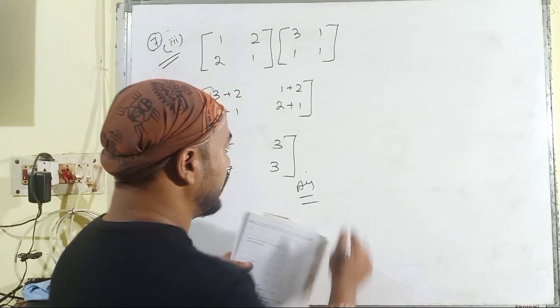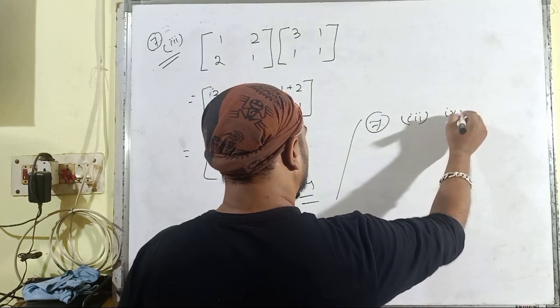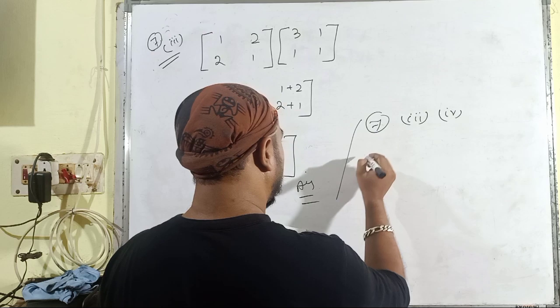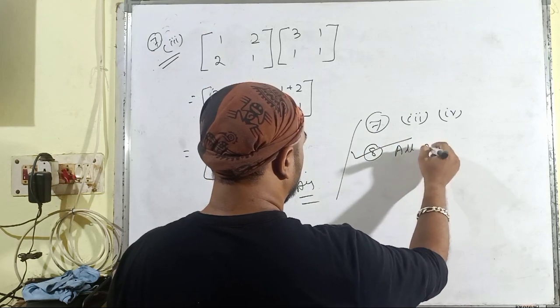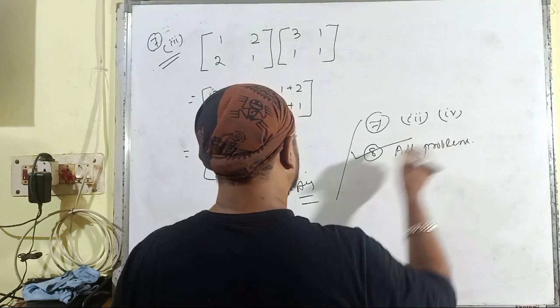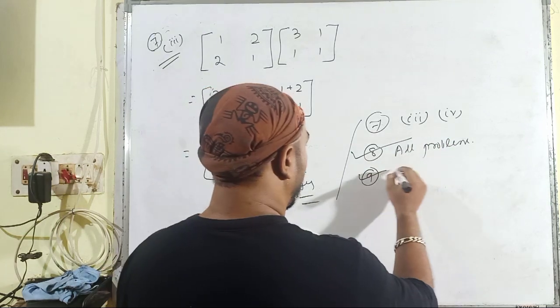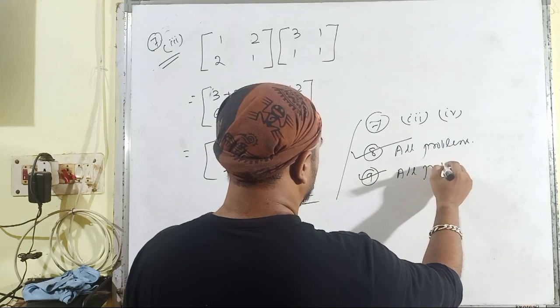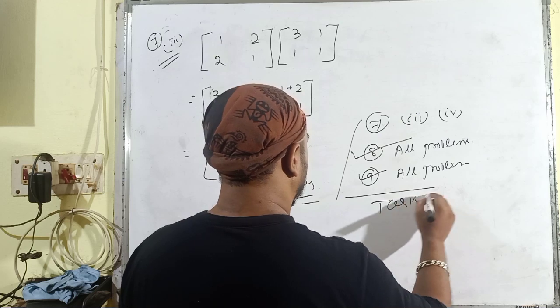And the rest of the problems, the fourth bit of number 7, then problem number 8, all problems, then from problem number 9, all problems are tasked for you.